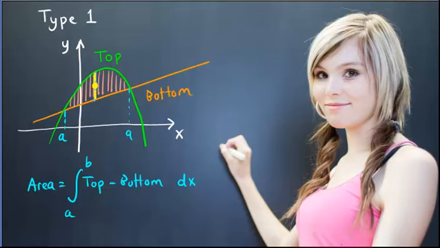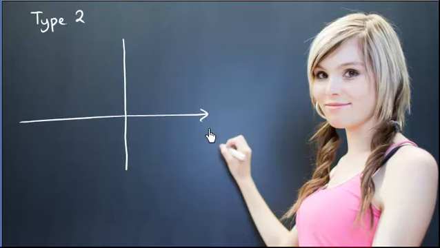And the second situation, which I will call type 2, is something like this. So again, we have a coordinate system, x coordinate and y coordinate, and suppose we have something like this, and then let's say something like that.